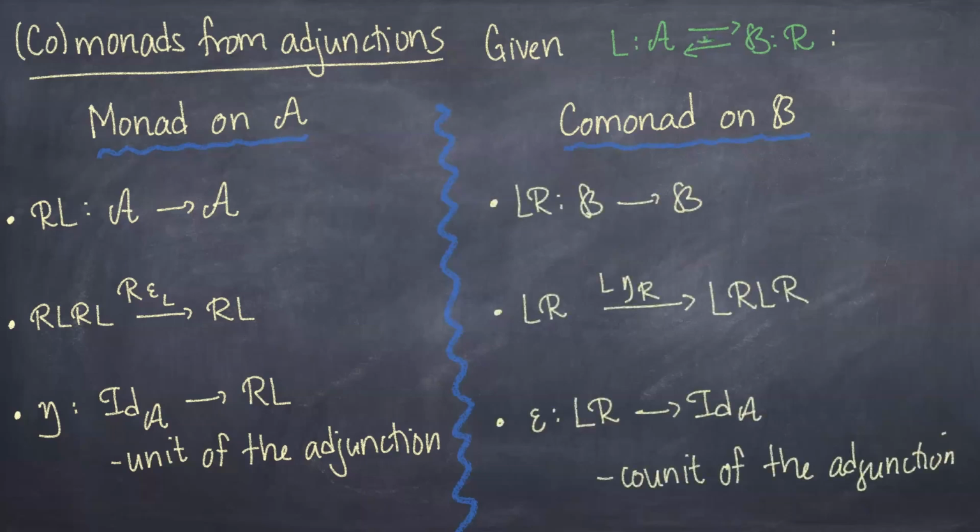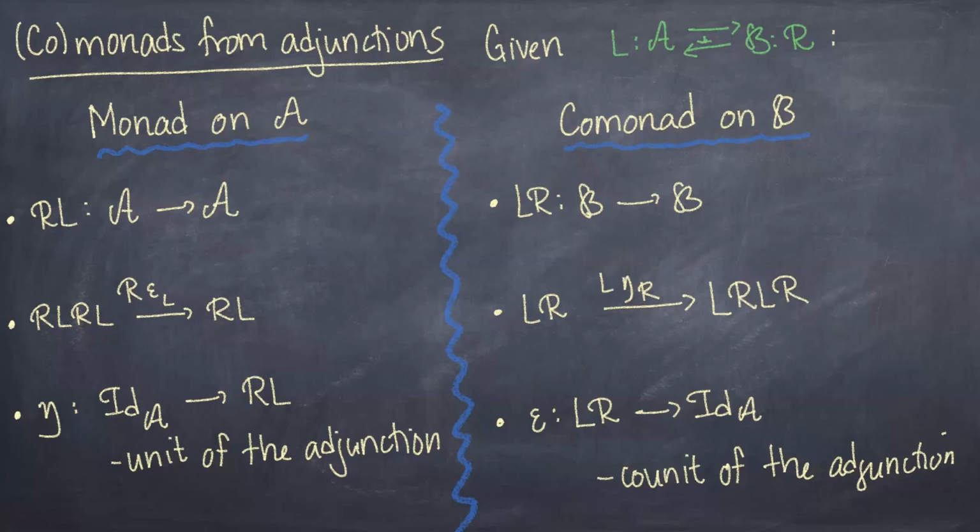Dually, for the comonad, I can take the composite LR, and use the unit of the adjunction to give me a map from LR to LR. And the co-unit of the adjunction is going to be the co-unit of the comonad that I get. It turns out that every monad gives rise to an adjunction, every comonad gives rise to an adjunction, and there's this beautiful relationship between adjunctions, monads, and comonads.